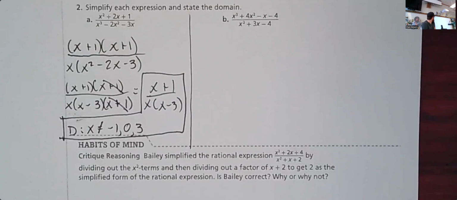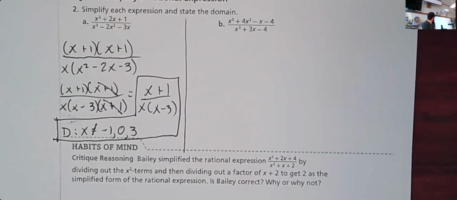All right. Check out part B. Does anybody remember what to do on a problem like B for the numerator? How would we factor the numerator on part B? Oh, like synthetic division?